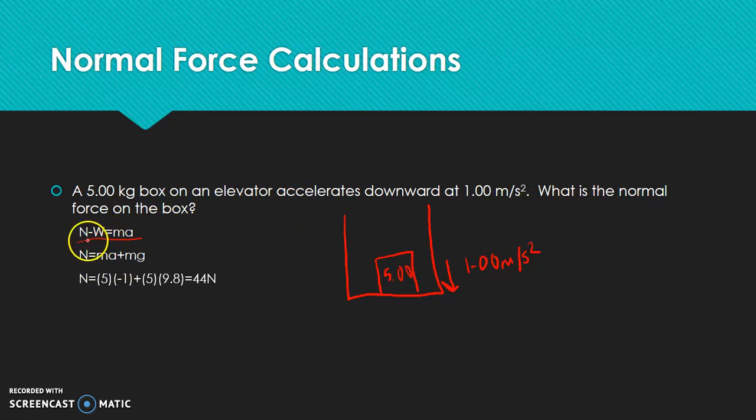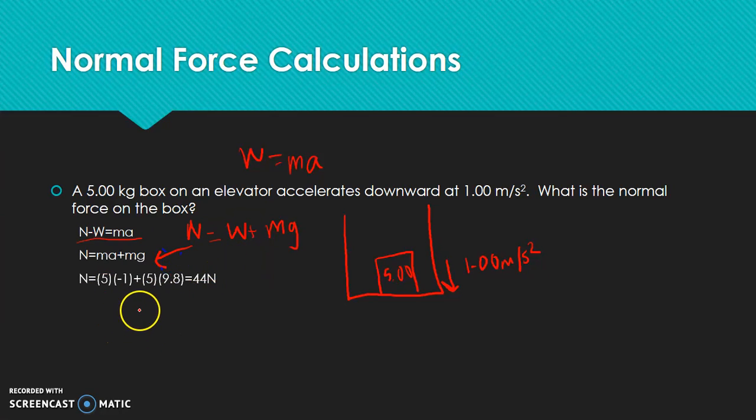So we know this formula: normal minus weight equals mass times acceleration. Basically, we're just going to rewrite it. Normal force equals weight plus mass times acceleration. We know that weight equals mass times gravity, so we can replace the W with mass times gravity to get this formula right here.